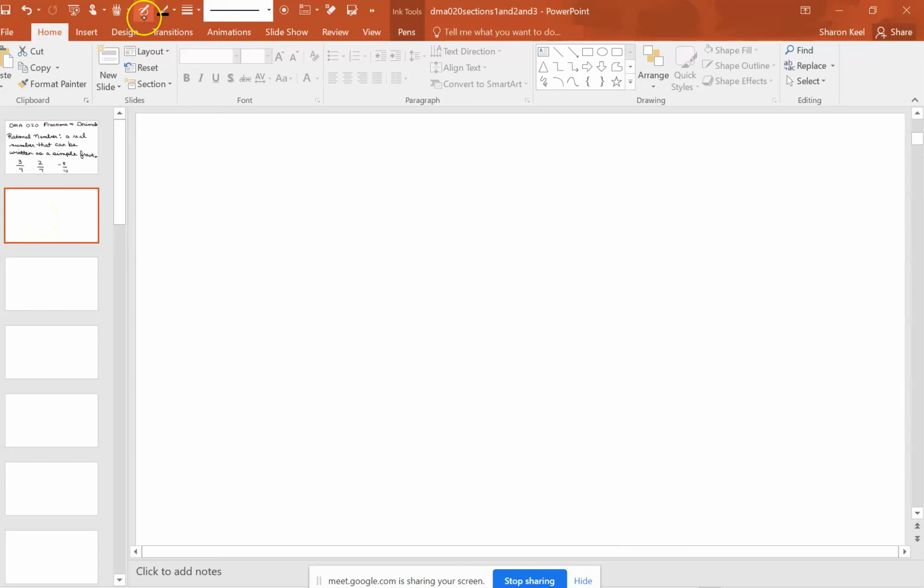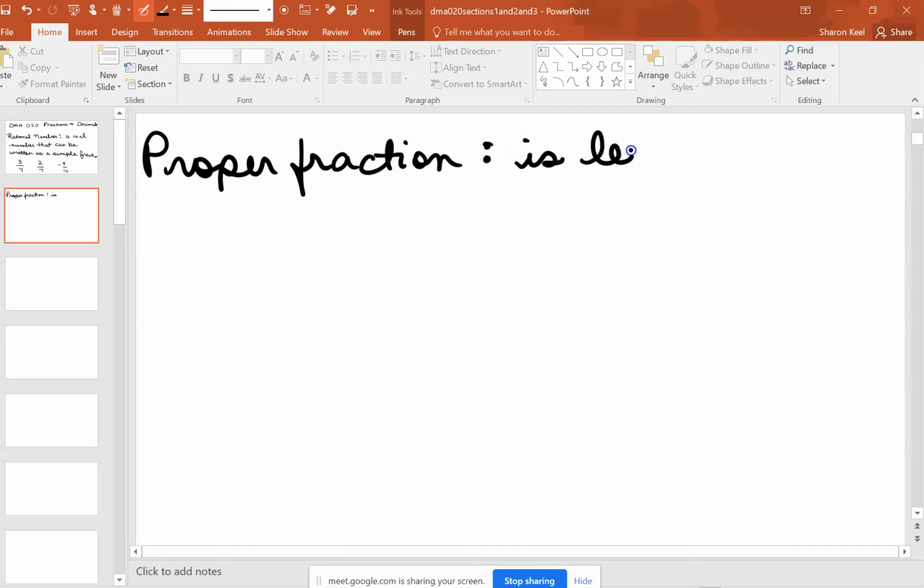We will be using the words such as proper fraction. A proper fraction is less than 1. You will be seeing the term improper fraction.